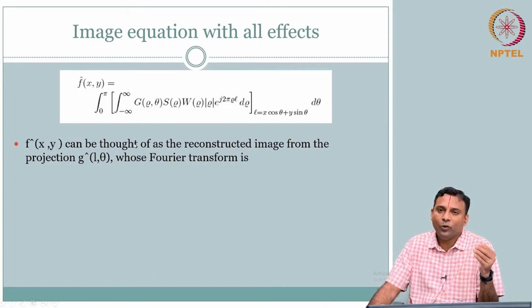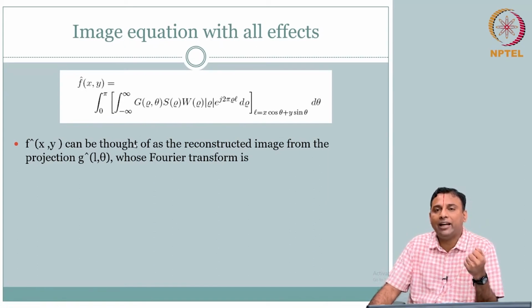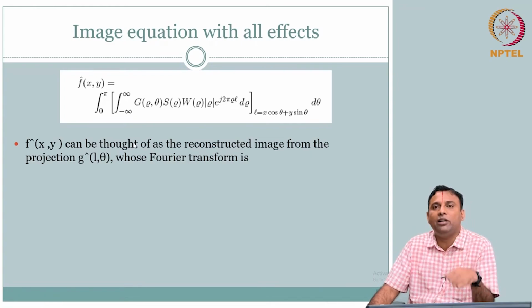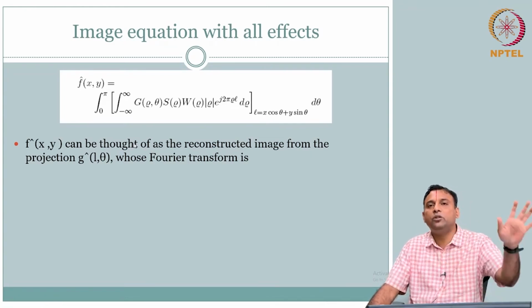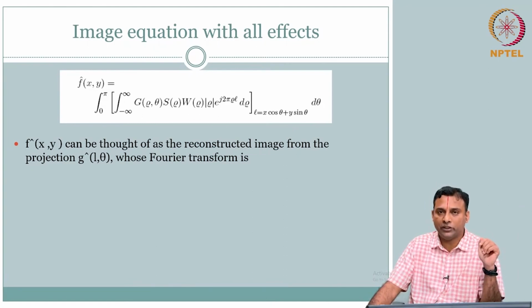Now we say, oh, we actually have only g hat of L comma theta. We have only a measurement of that. We don't have the ground truth. And that is the one that we are using to back project and get the image. Therefore the estimate of the image is affected by the starting point, which is your estimate of your projection.